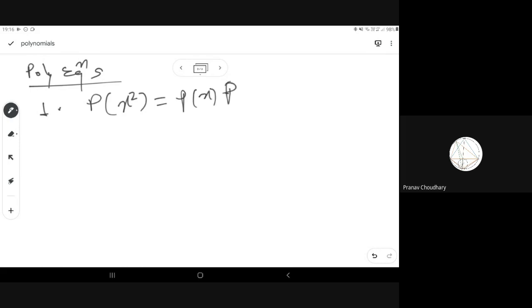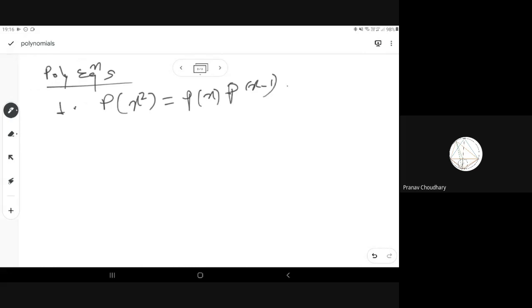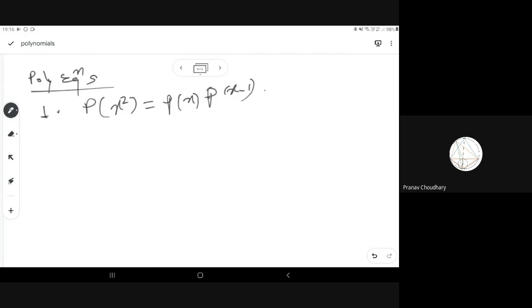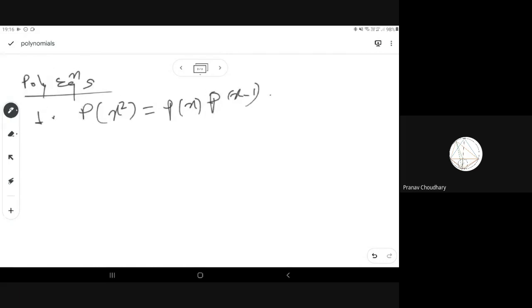Some general methods you might require: firstly, it's important to treat the polynomial as a functional equation, at least for a while, to get some obvious substitutions and find basic things like the roots.